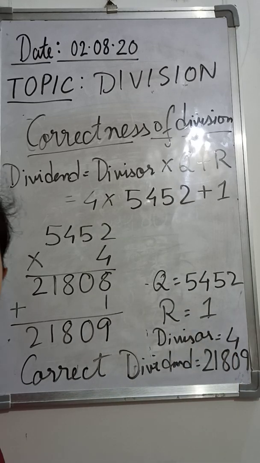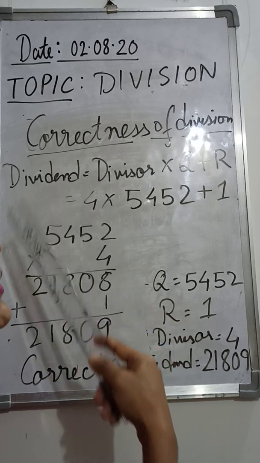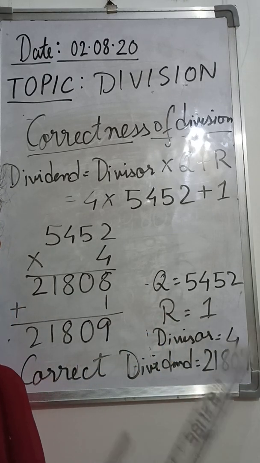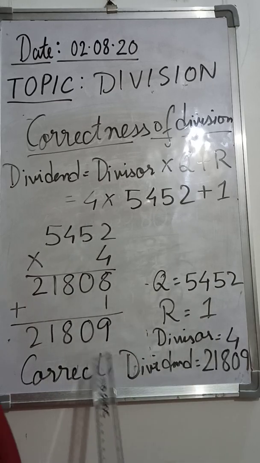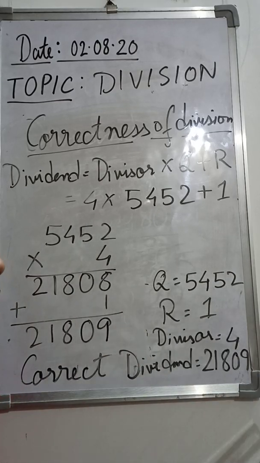If sometimes you get the remainder bigger than your divisor, then that means your sum is incorrect. By looking at the remainder and divisor only, we can find out whether a little part is correct or not. And after that, by doing this process, we get to know whether our whole sum is correct or not.